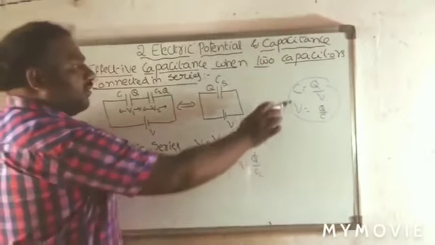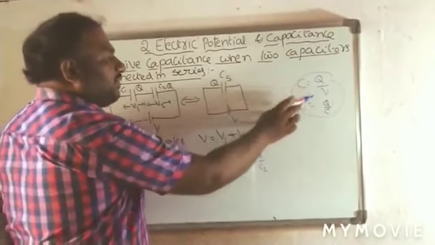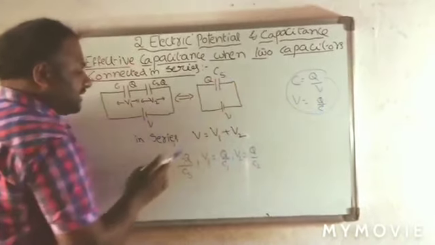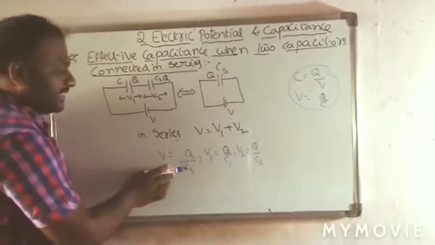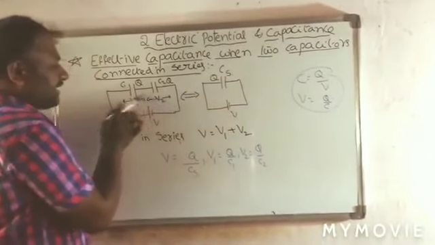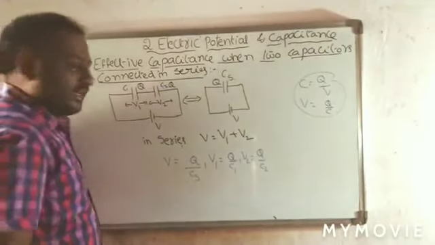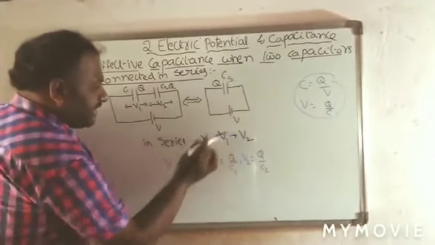Here we know capacitance C is equal to Q by V. From that, potential V is equal to Q by C. From the equivalent circuit V is equal to Q by Cs, and from the given circuit V1 is equal to Q by C1, V2 is equal to Q by C2. Now substitute all the values in this equation.